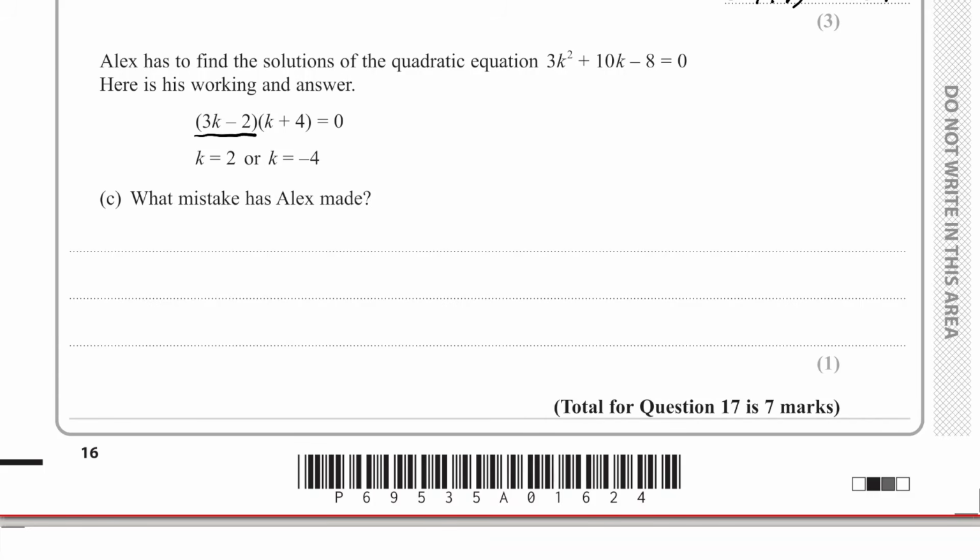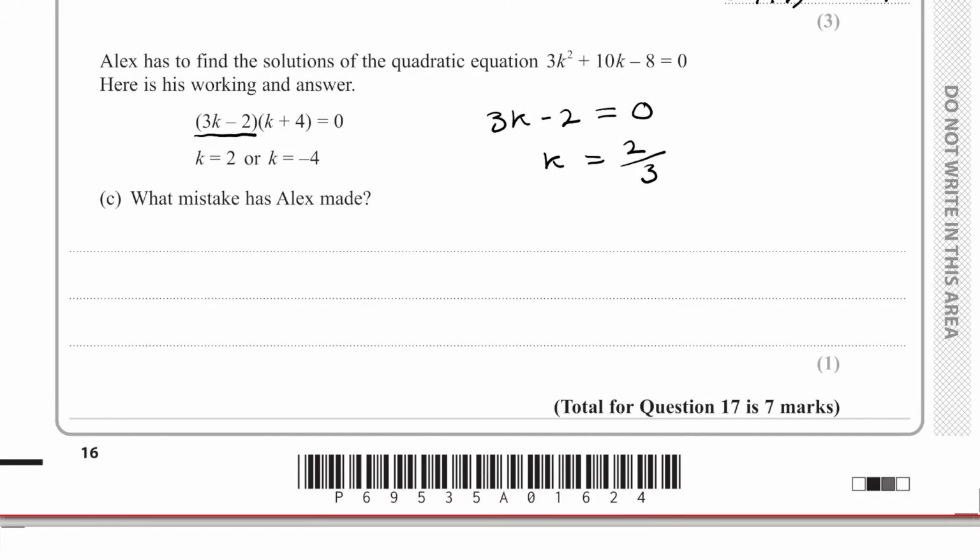But if k is 2, that doesn't make this bracket equal to 0. So if 3k minus 2 equals 0, if we add 2 to both sides and then divide by 3, k should be 2/3. So k equals 2 does not make this bracket equal to 0, so it's not the solution.